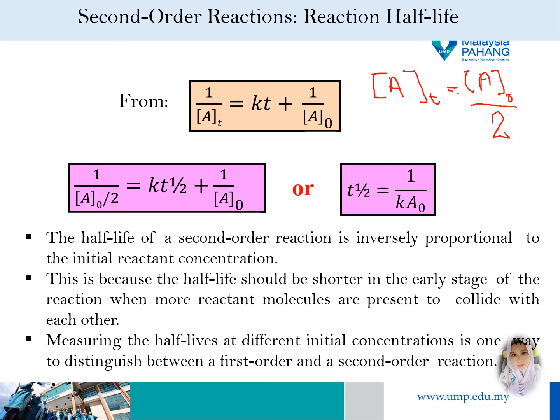So we replace this with this value, so we can get this equation. This means that for second order reactions, the half-life is inversely proportional to the initial reactant concentration, and the half-life is shorter at the early stage.